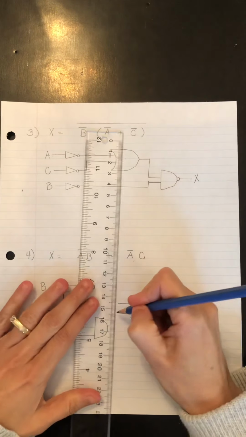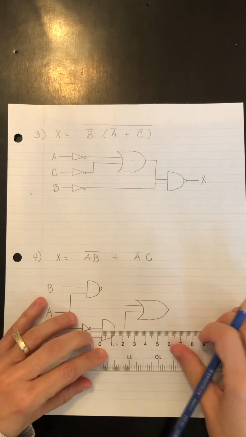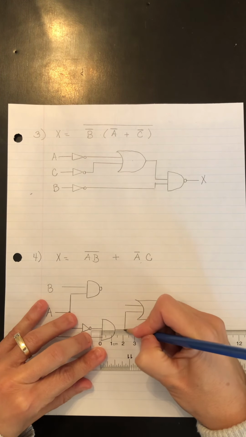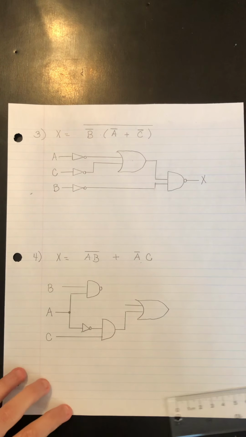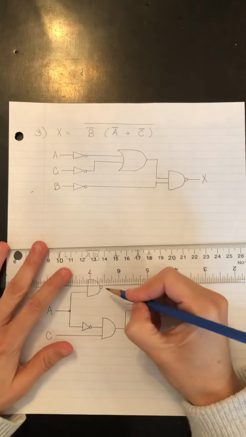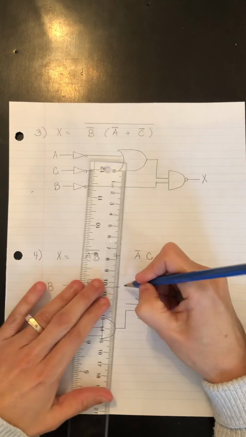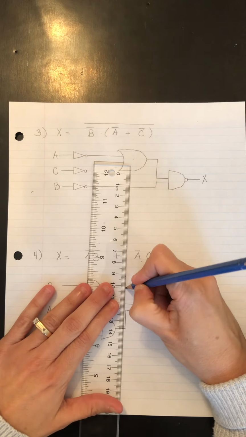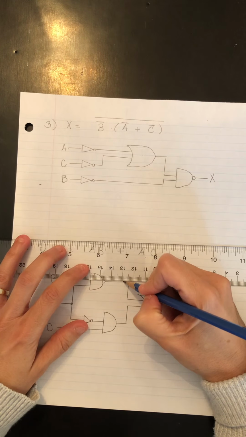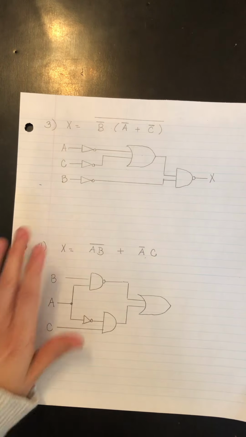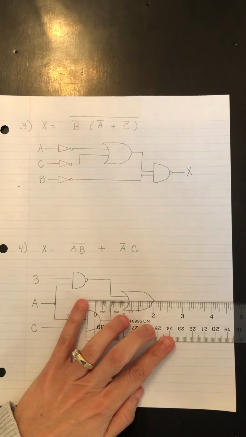There we go. Just show that wire coming from that AND gate. And this wire coming from that NAND gate. It's amazing. I use a ruler and take my time and still this is the best result.